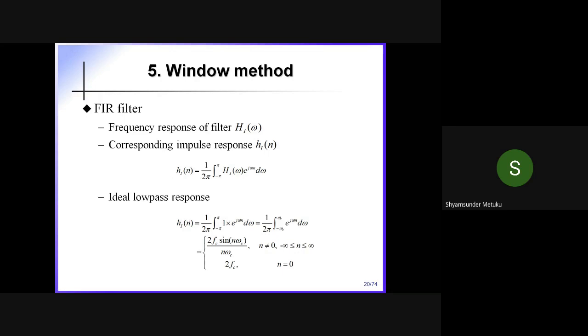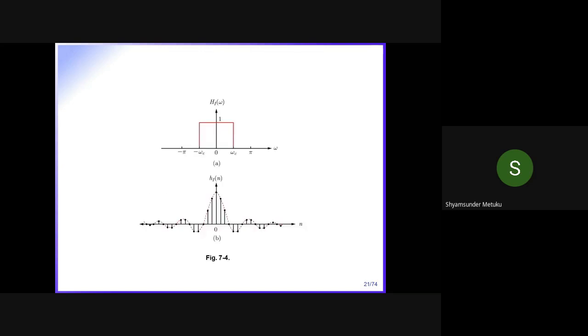Can anybody say what the shape of this particular function, sine n omega by n omega, is? It is the sinc function. Do you know sinc? Sinc looks like this, the bottom one.